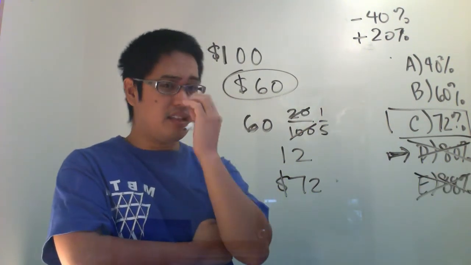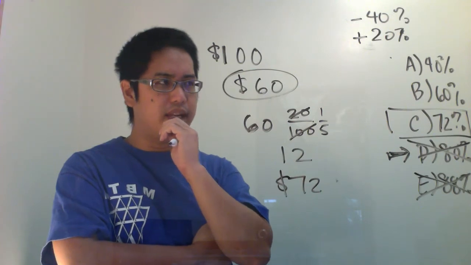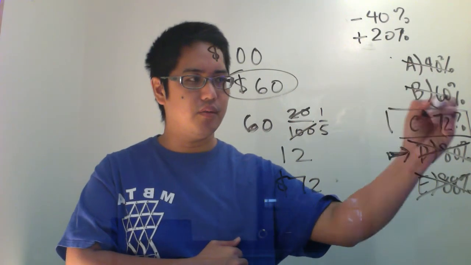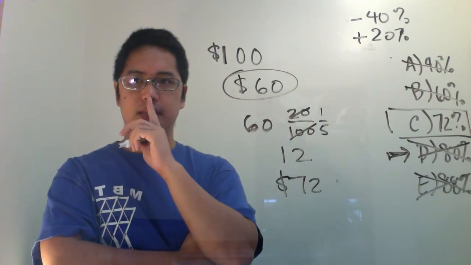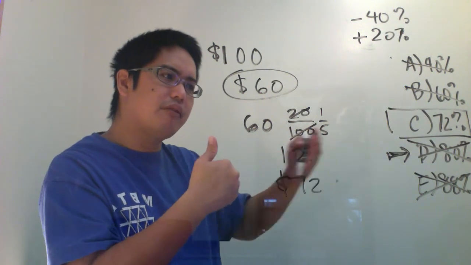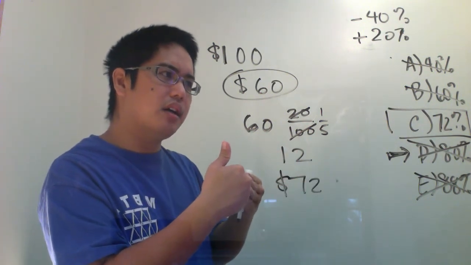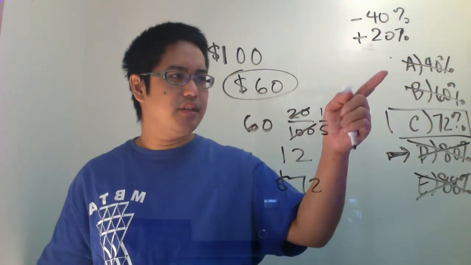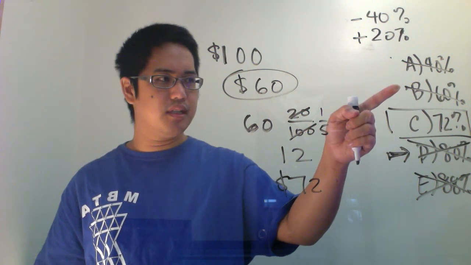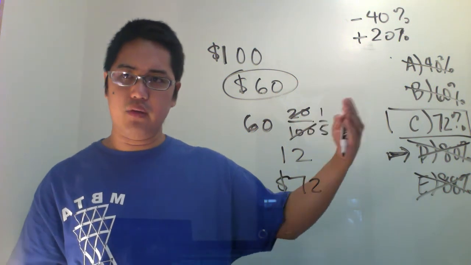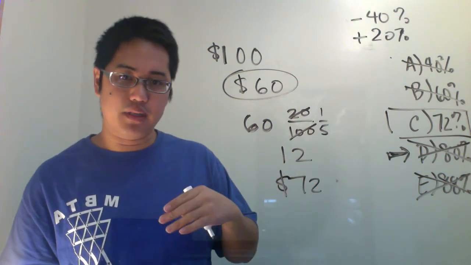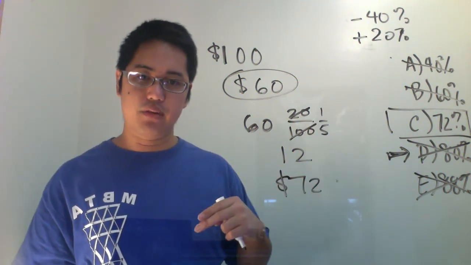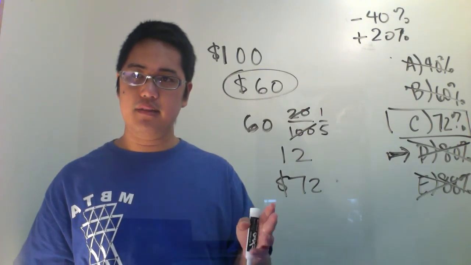And I actually think that I can reasonably eliminate A and B without even thinking about it. Because if you go down 40% and then you go up 20%, then obviously it's not 40 or 60% because that would be like going down 40% and then down another 20% off the original price. Does that make sense to you?